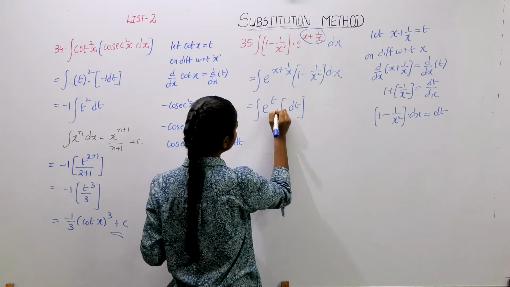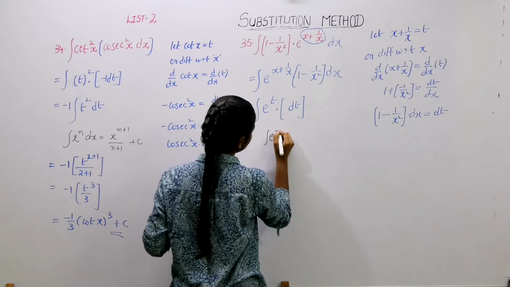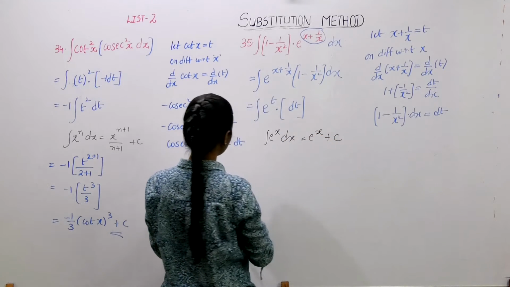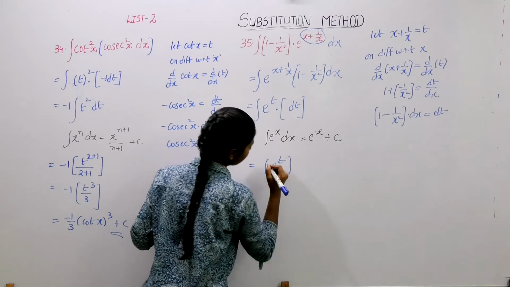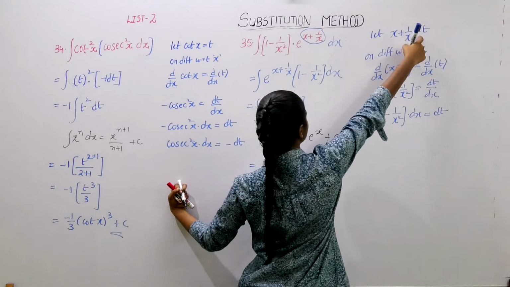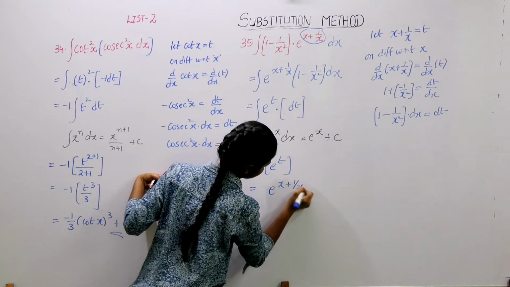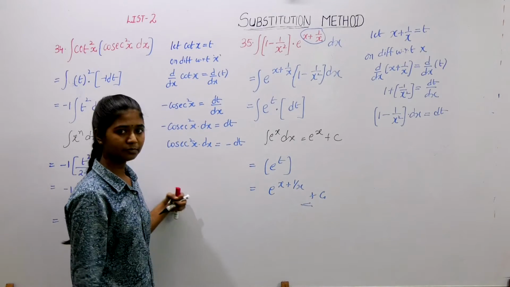Integral e power t dt. We know the formula for integral e power x dx is equal to e power x plus c. When we substitute the formula here, we get e power t. What is the value of t as per the assumption? e power x plus 1 by x plus c is the final answer.